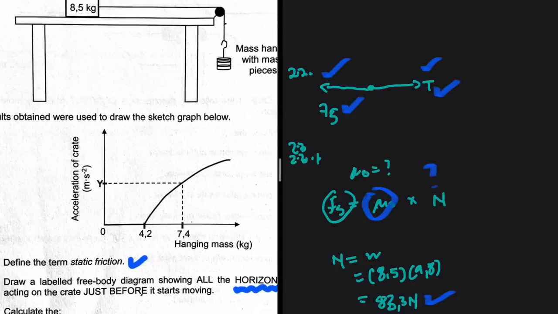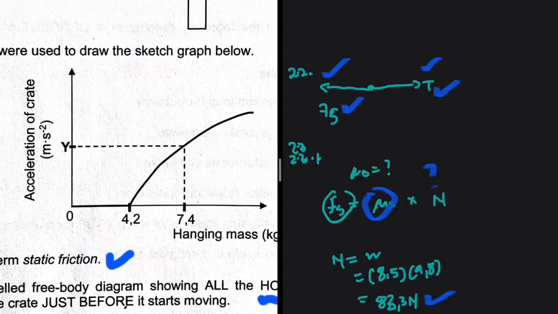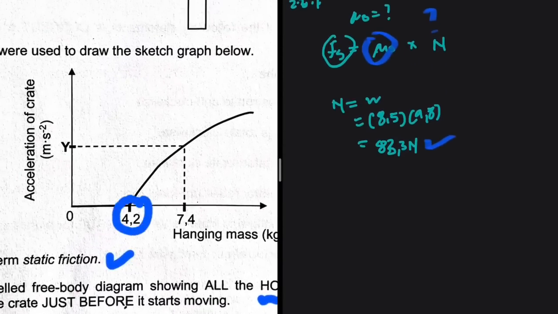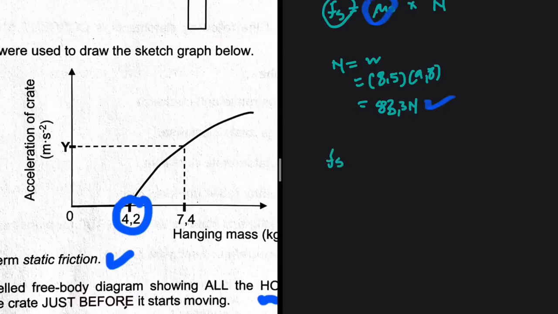We are given this diagram here, right? You can see that when the hanging mass is 4.2, our crate starts moving, because that's where we start having a bit of acceleration. Right here at 4.2, the static frictional force is equal to the tension.